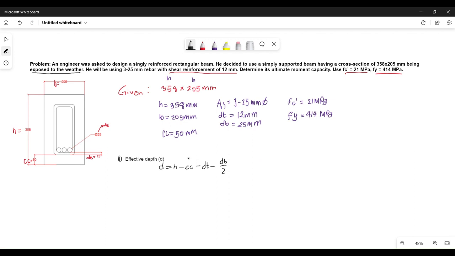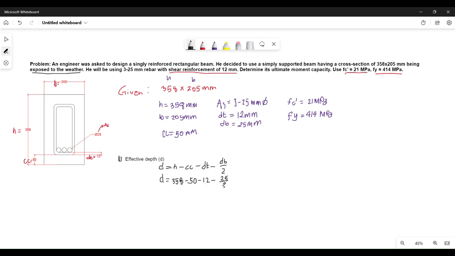Let's substitute the values. d is equal to our height, 358 millimeter, minus our concrete cover 50, minus the shear reinforcement 12, minus the diameter of our flexural reinforcement, 25 over 2.